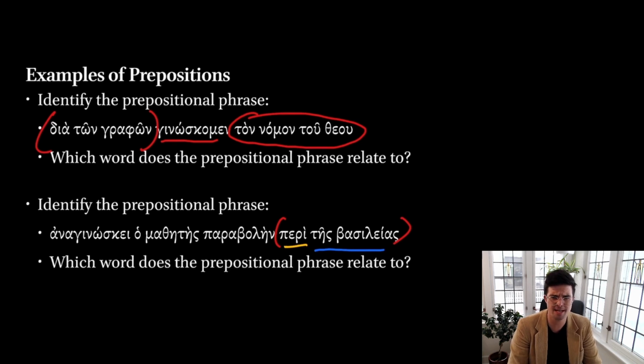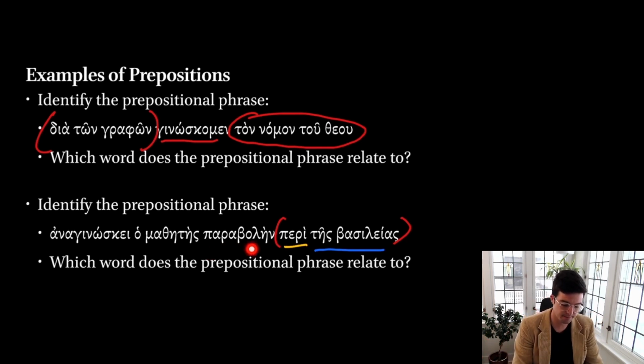And then let's ask the same question once again. Which word does the prepositional phrase relate to? Or which word is it most closely associated with? And once again, it is the word that is closest to it. And this is a trend that you are going to see in Greek, that a prepositional phrase is going to modify the word either that comes before it or that comes after it almost all of the time.